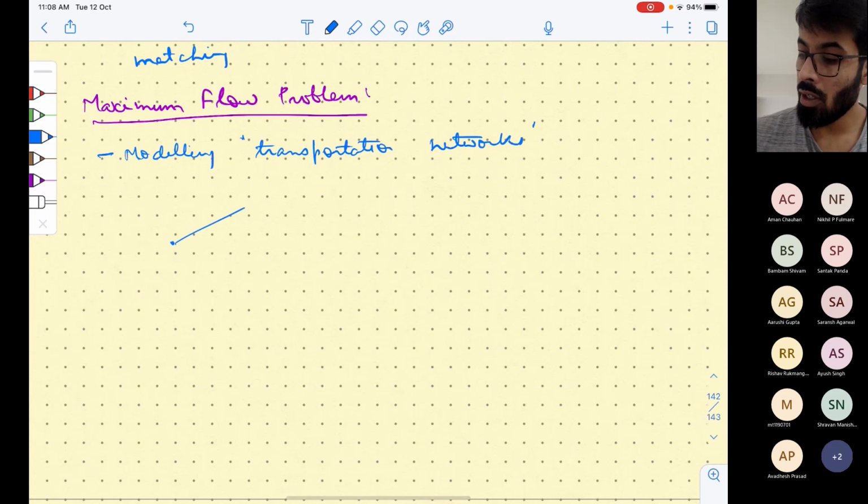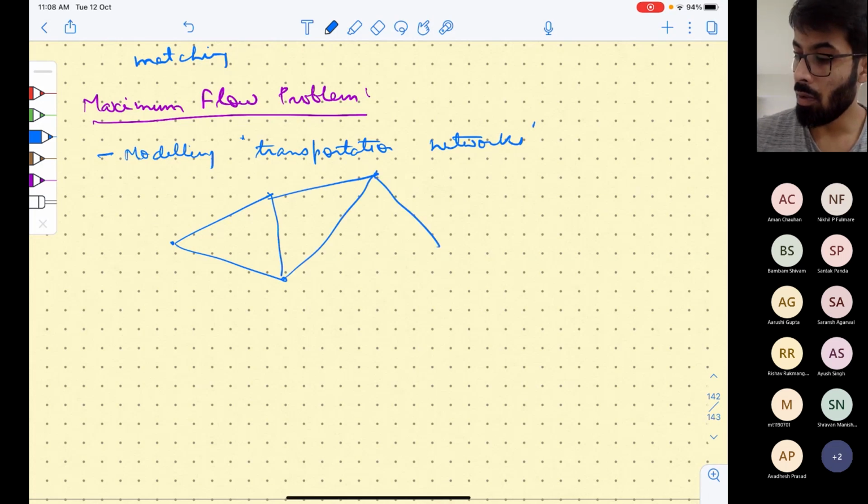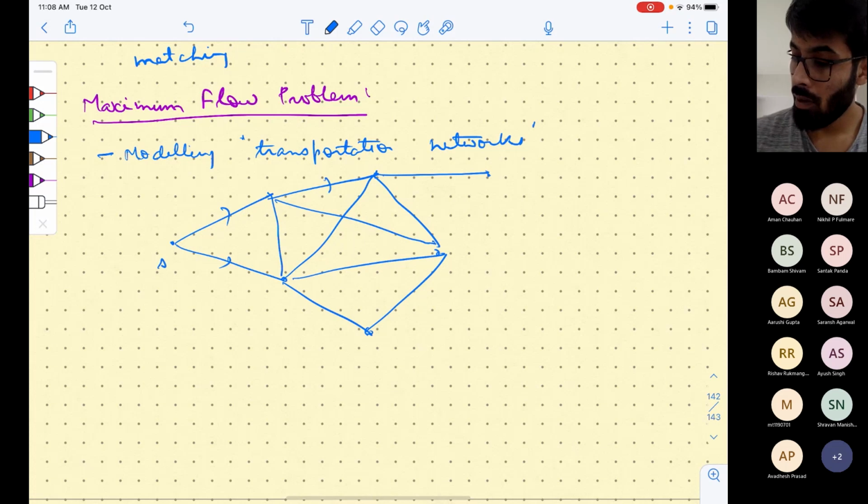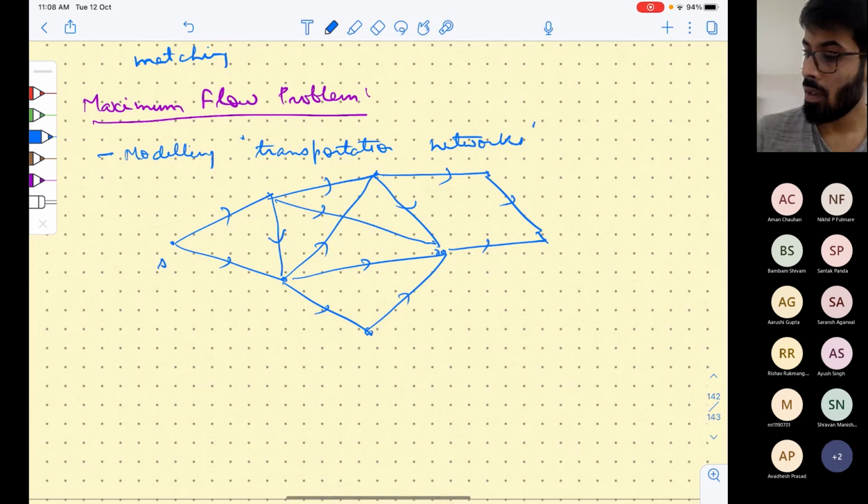You have a source, you have these, these can be roads or something, and then these are the junctions, and then you can go from here to here, whatever, right? Something like this, right? Let's say, and this is T, right?